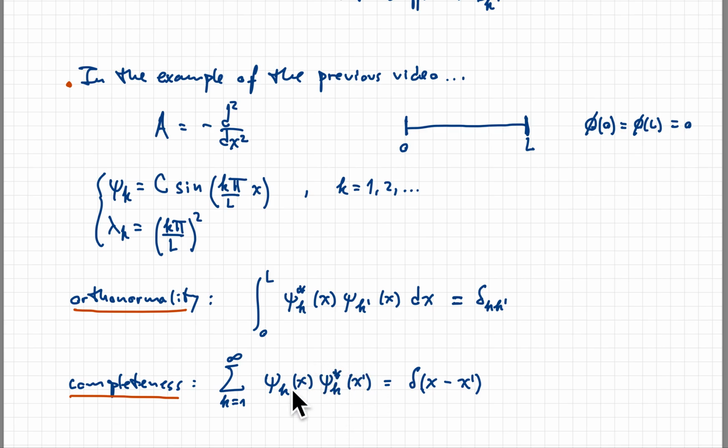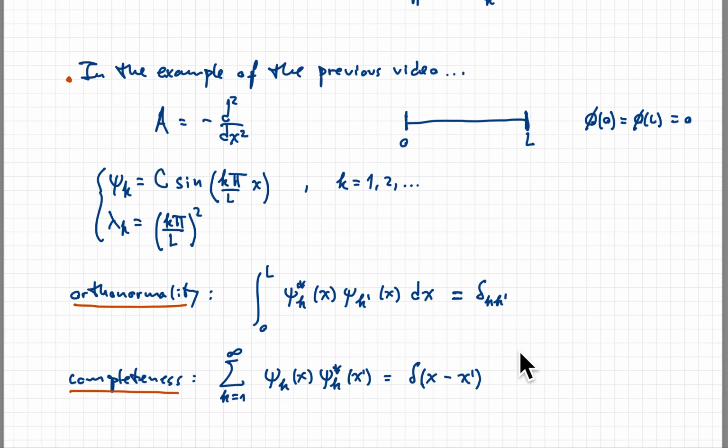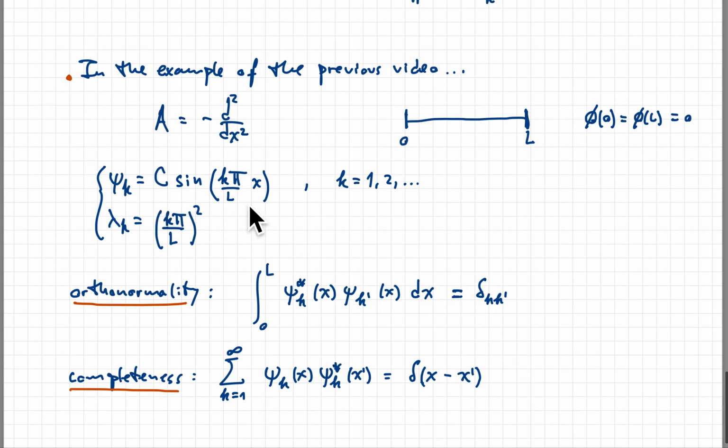So we're looking at two different elements of a given fixed eigenvector k, and then we sum over all the eigenvectors, and that gives us the Dirac delta of x minus x prime. And this is what we call completeness when we have this type of space of functions.